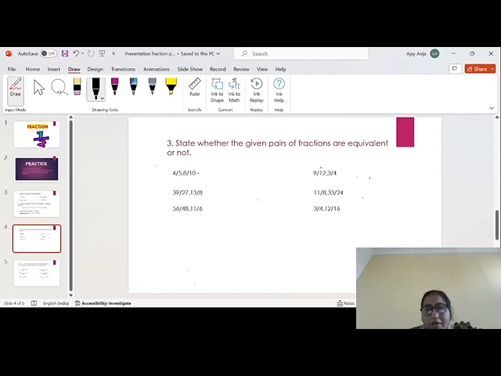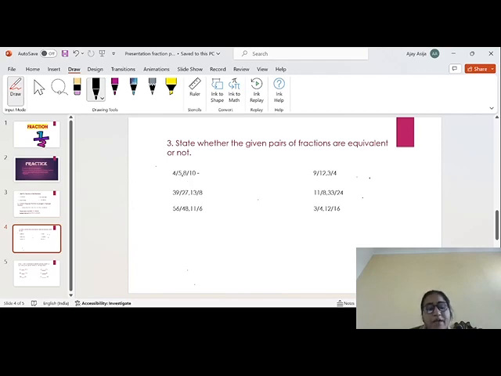And if the numerator is more in the first fraction and less in the second fraction, then we will do division, because a bigger number can be converted by division into a smaller number. So in the first step we have to check whether we have to do multiplication or division.